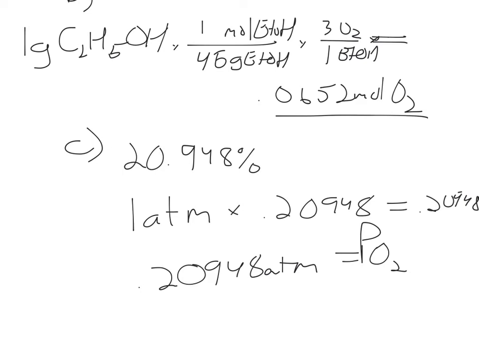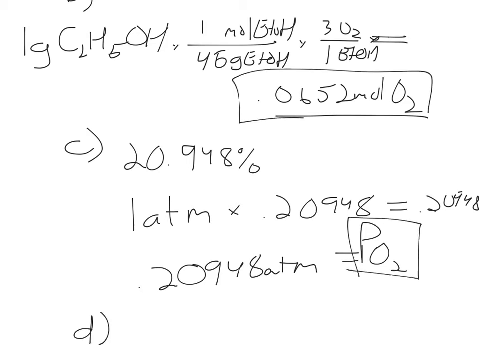Okay, got it. And last, so that's part C, and then part D wants you to put it all together. So I have moles, I have pressure, I have temperature. The temperature they gave me was room temperature, which was 22 Celsius, which we know, because we calculated it earlier, is 295 Kelvin. So I have those three, moles, temperature, and pressure.